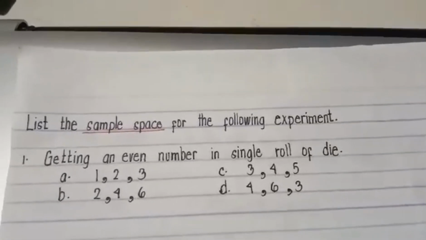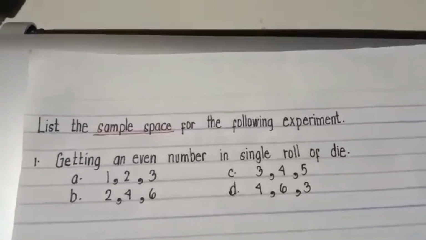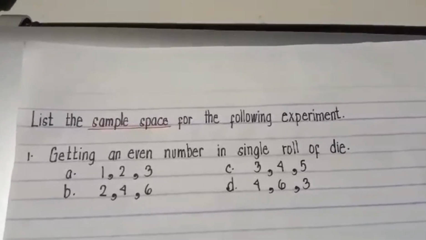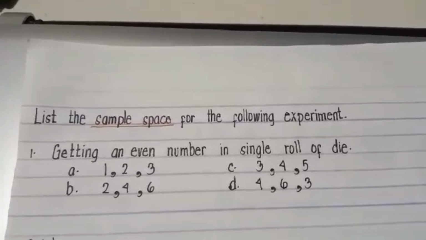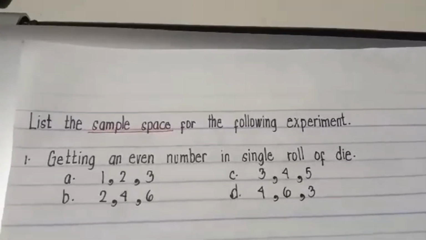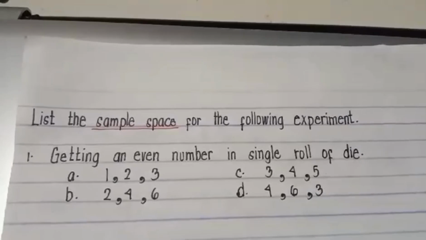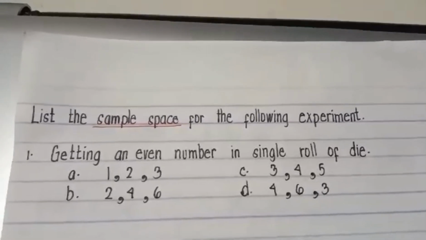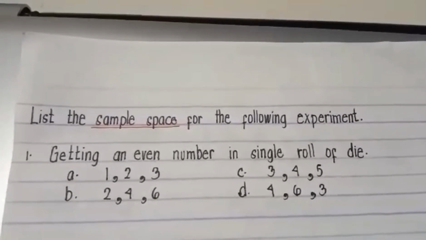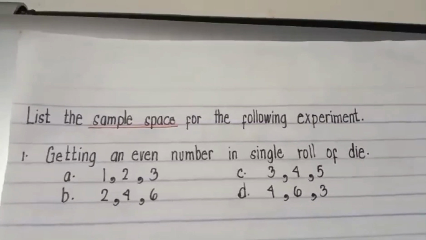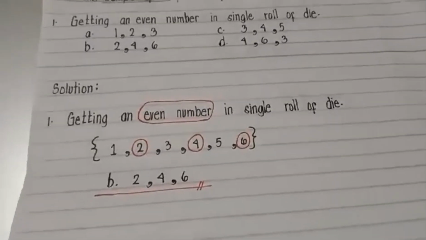In our first activity, list the sample space for the following experiment. The first experiment is getting an even number in a single roll of a die. The choices are A, 1, 2, 3; B, 2, 4, 6; C, 3, 4, 5; and D, 4, 6, 3. How are we able to identify the sample space of getting an even number in a single roll of a die? Here is the solution.